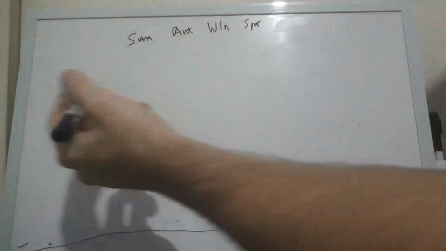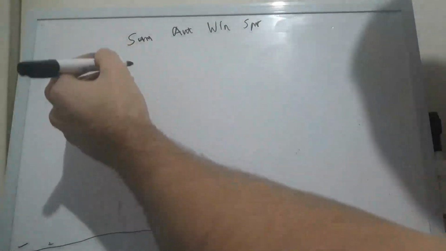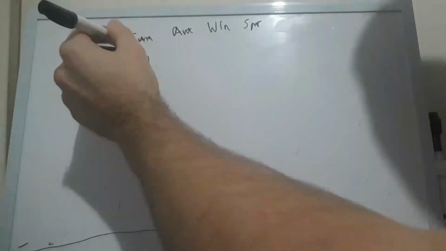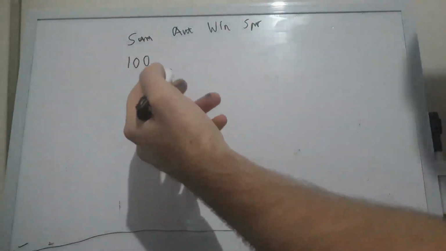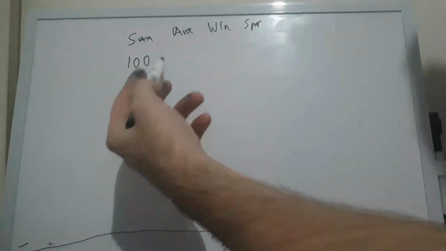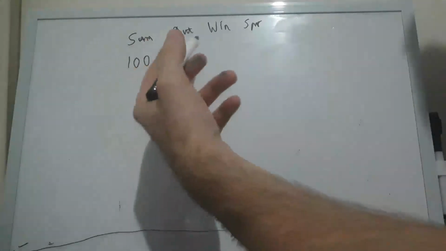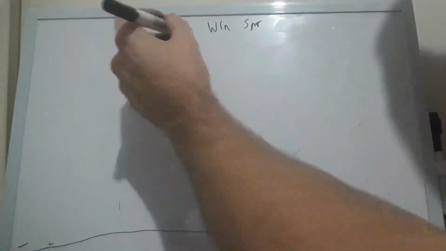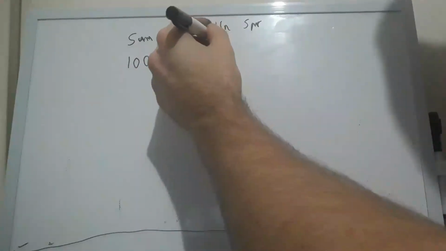So let's say in summer we make $100,000 worth of sales. I'm just going to call it 100. This is all in thousands of dollars. So 100. In autumn, your sales slow down a fair bit, so let's say 50. Winter, let's say 15.